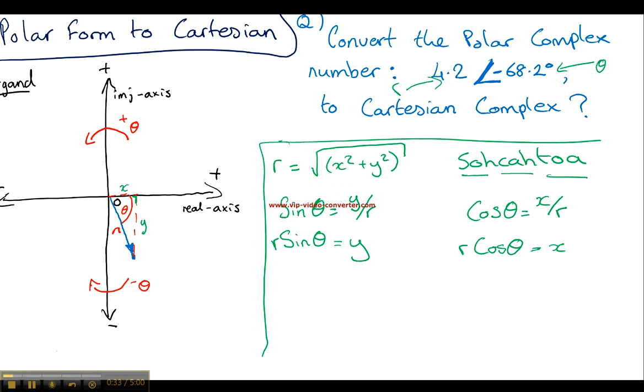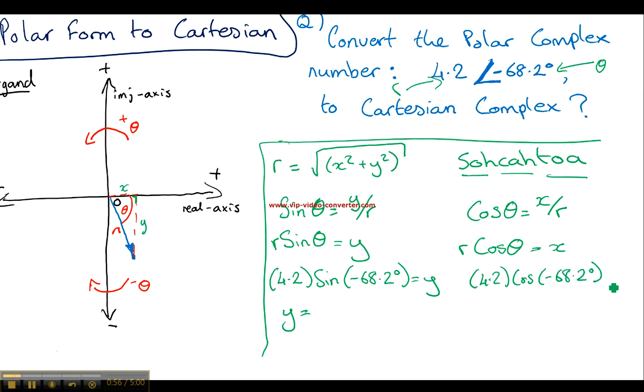So now we have two equations to find y and x, because we know what r is and we know what theta is. So r is 4.2 and we have the sine of minus 68.2 degrees will equal y. And then over on the other side, we'll have 4.2 cos of minus 68.2 degrees will equal x.